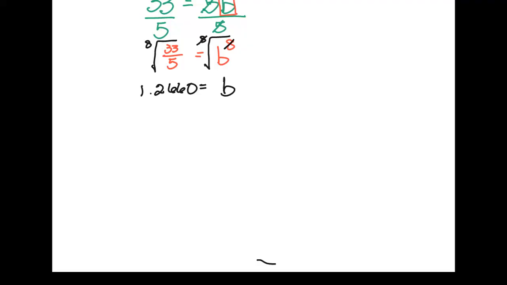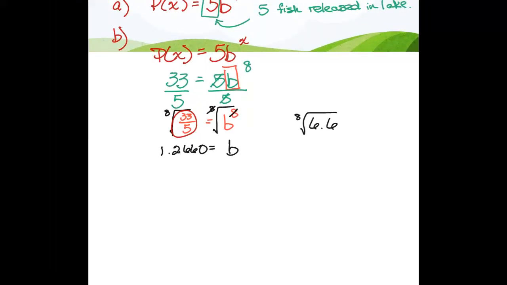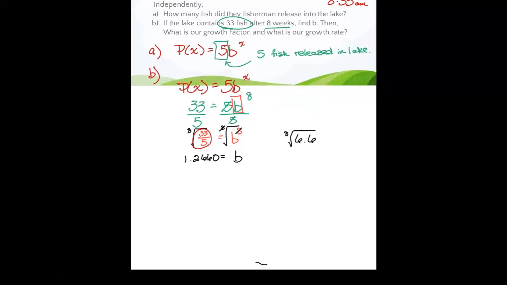You can either take 33 fifths and get 6.6, and then take the 8th root of 6.6, or you can leave it as 33 fifths. Did you happen to try it again to see if you got 1.2? No? Okay.